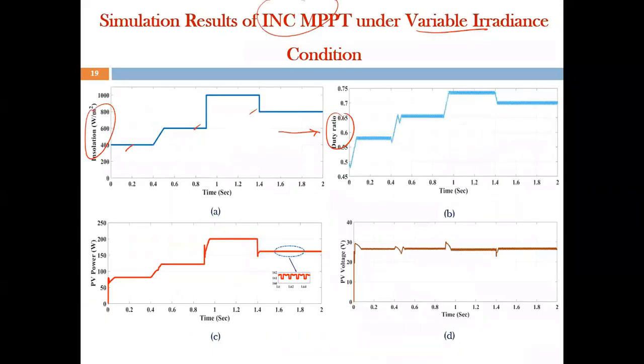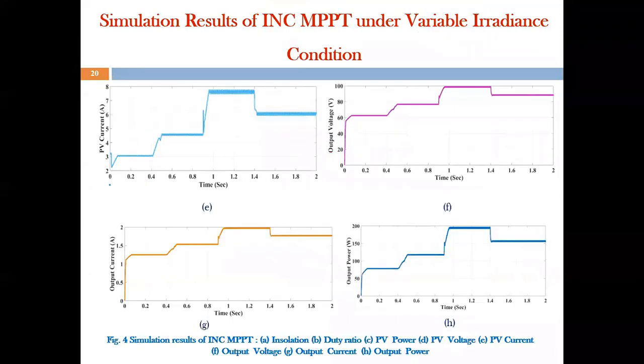But whereas incremental conductance based variable irradiance, if I consider, here irradiance is changed. Accordingly, our duty ratios are changed. So for these particular duty ratios, the voltage is normal, but the current is changed.